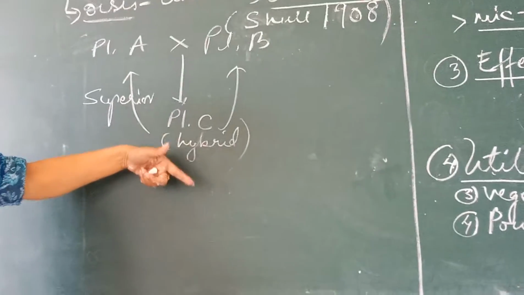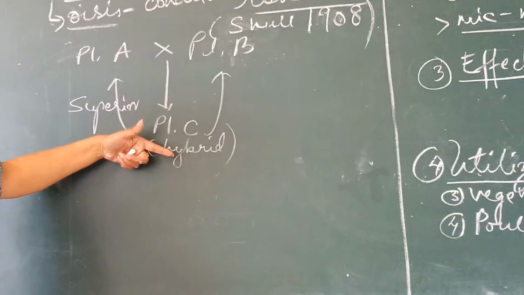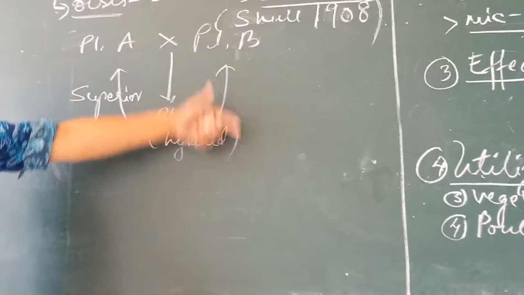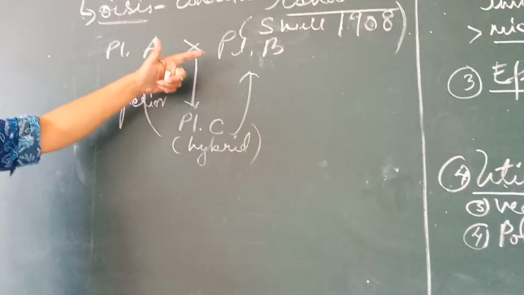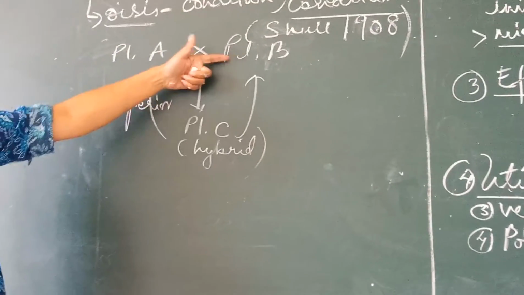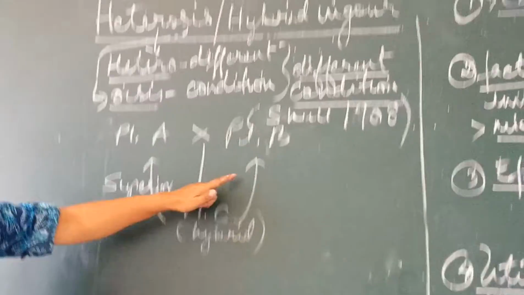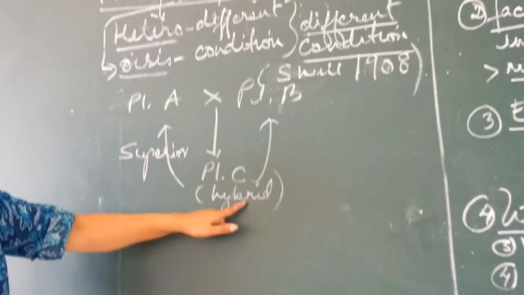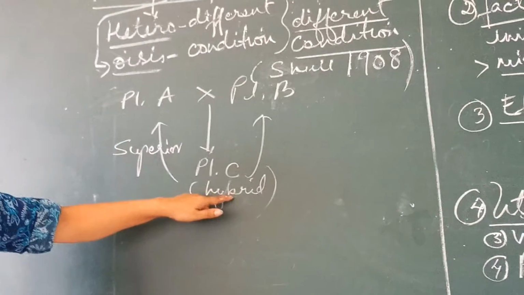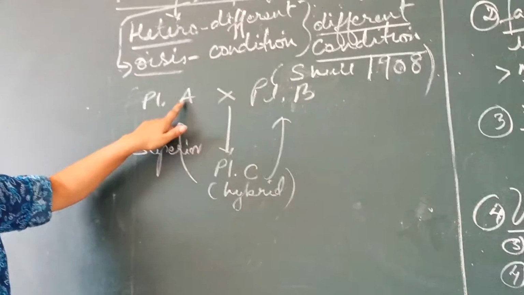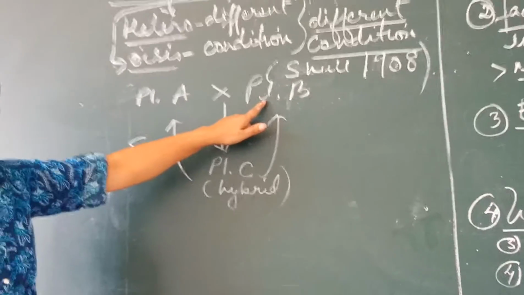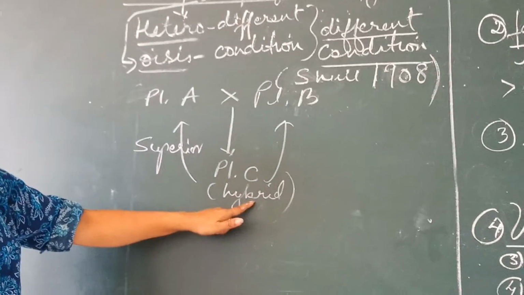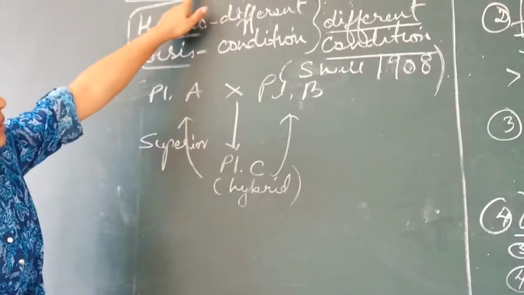Whenever the hybrid is superior to parent A or to parent B, then it is a different condition. It is superior in the sense that it is stronger, it is taller, it reproduces more than the parent. The survival rate is much higher than the parent. It is more resistant to diseases than the parent. When this hybrid exhibits characteristics that are not exhibited either by parent A or by parent B, that becomes a different condition, and this phenomenon is known as heterosis.